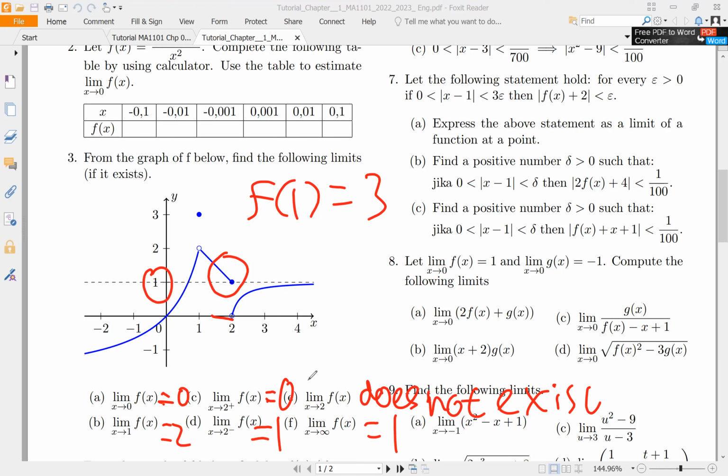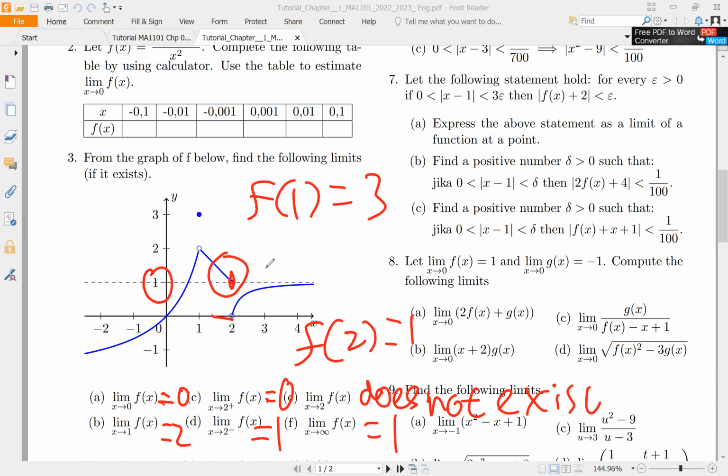Similarly, if you consider part E, although the limit at 2 does not exist, the value of f at 2 is the dot here. Okay, and simply f(2) equals 1. So I have to remind you that you have to be careful with the difference between the value of the function and the limit from the graph of the function.